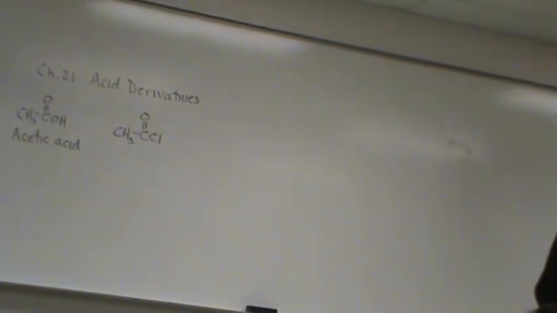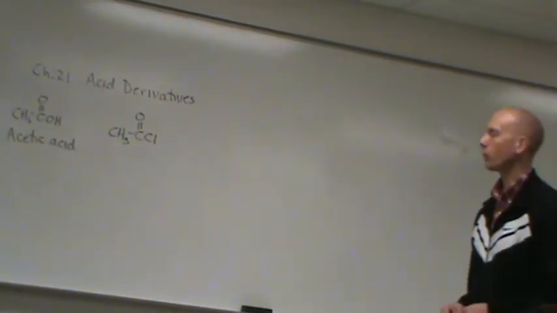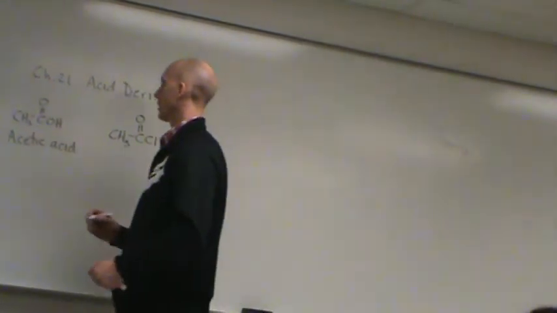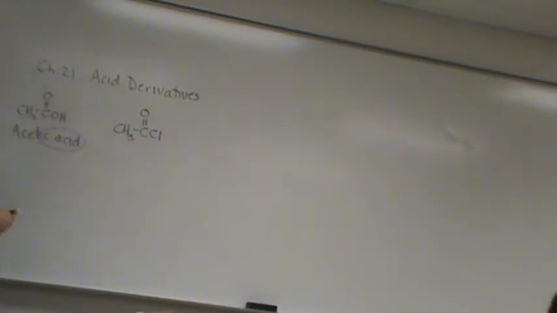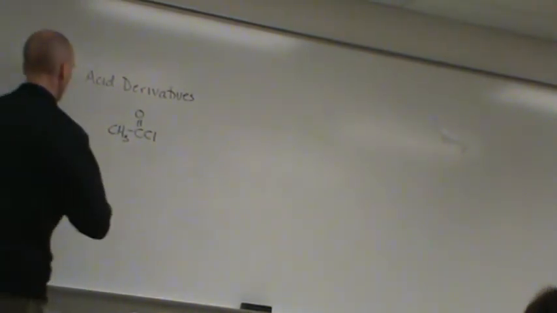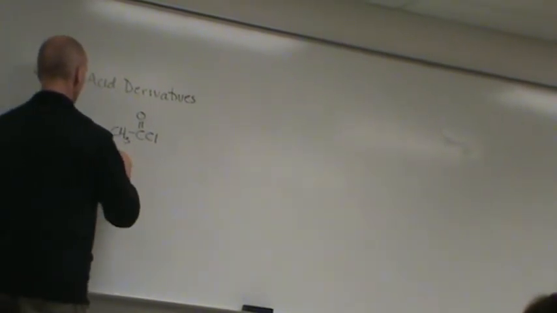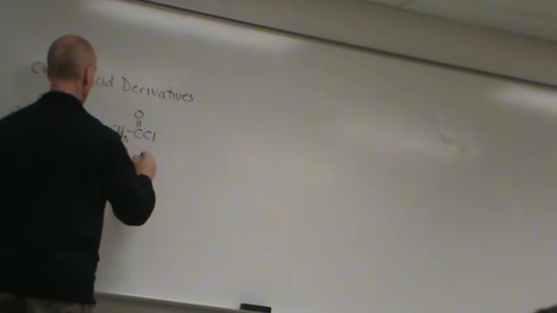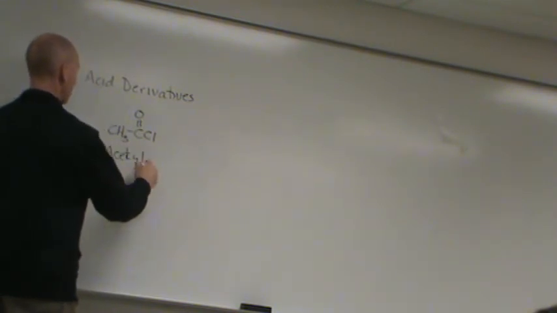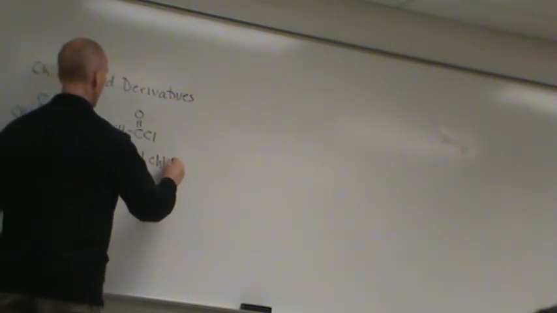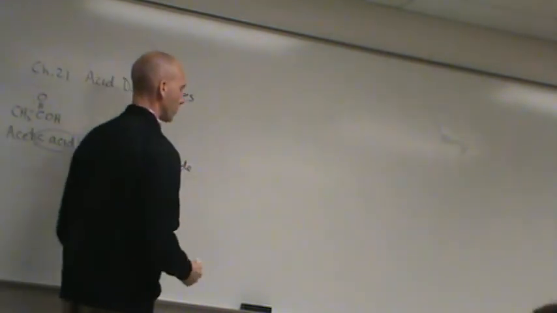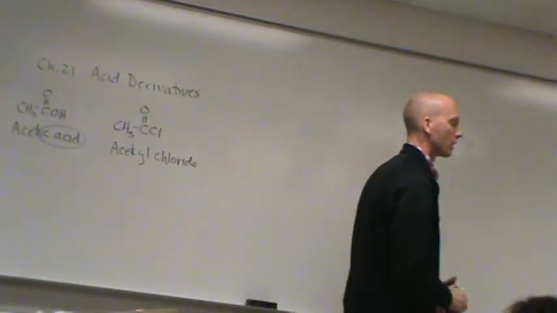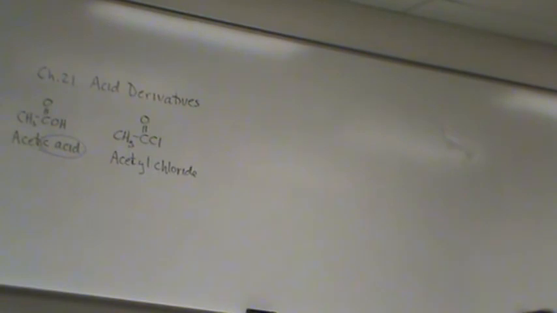So how do we name the acid chloride? Well, what we do is we drop the ic acid and add yl and chloride. So we get acetyl chloride.